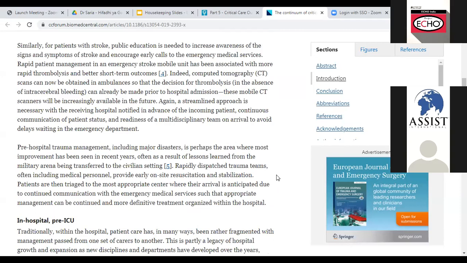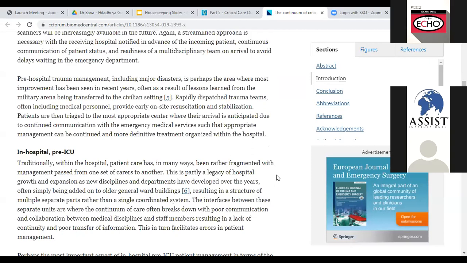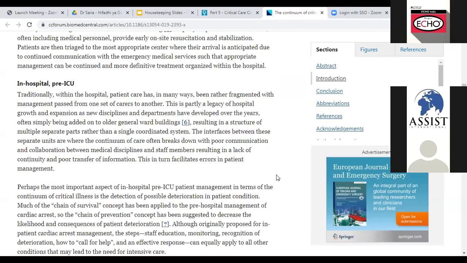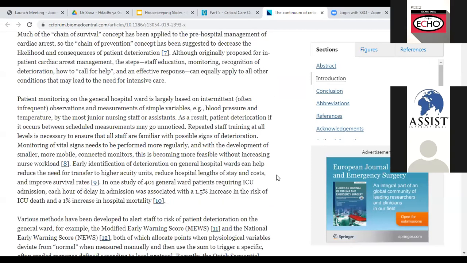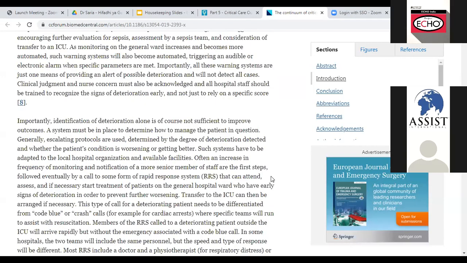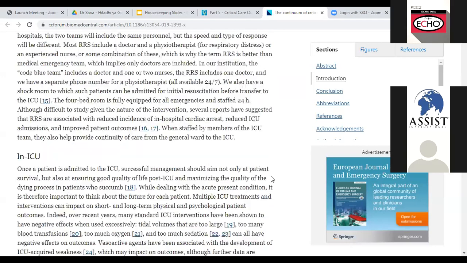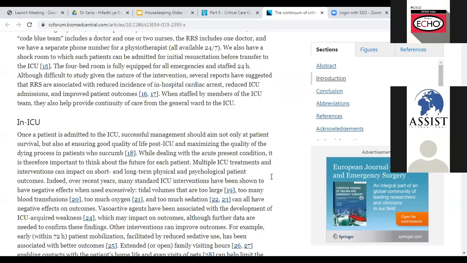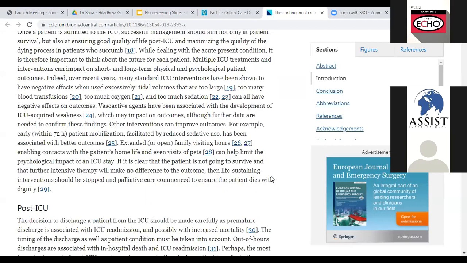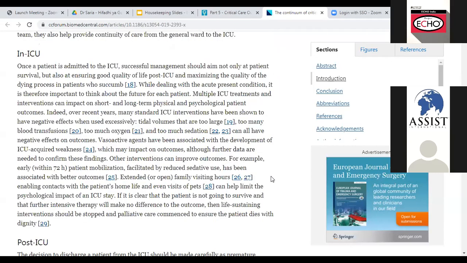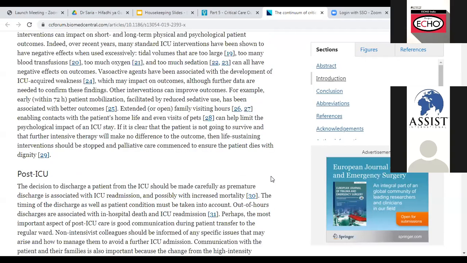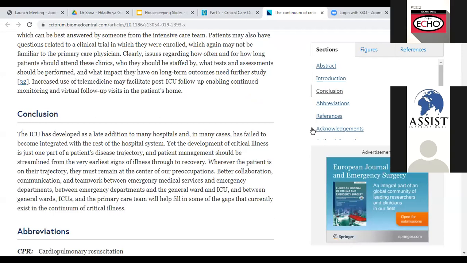And that will prevent so many outcomes, and will actually improve outcome of the patient, and it will prevent unnecessary complications, which might have been prevented if we had intervened with that patient earlier. So what we want to emphasize is wherever you are, you have to monitor a patient, and wherever you see that patient is starting to deteriorate, before he deteriorates, you have to do something in order to prevent deterioration, in order to prevent complications.